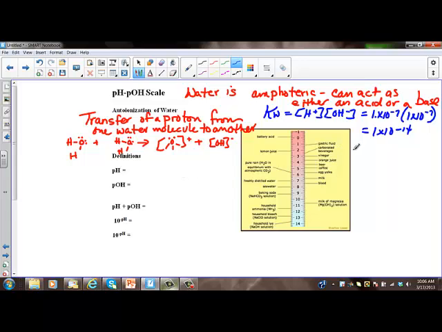If I were to write the Kw for water, it would look like this, where you would have H3O plus, OH minus, which is what I just did, over H2O.